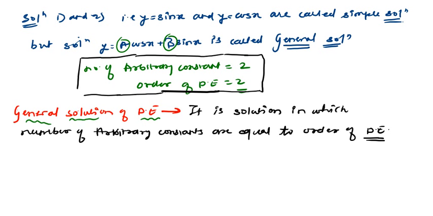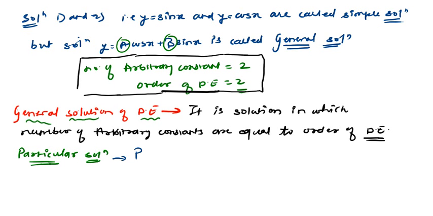Now there exists one more type of solution, that is called the particular solution. Obviously the particular solution will be obtained from the general solution.